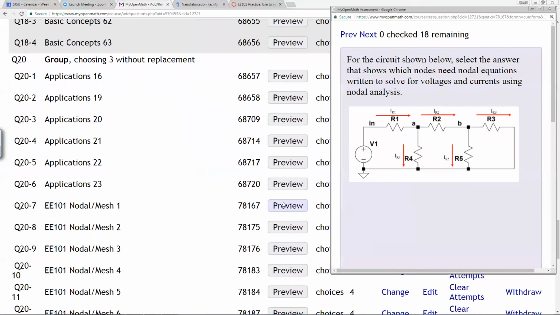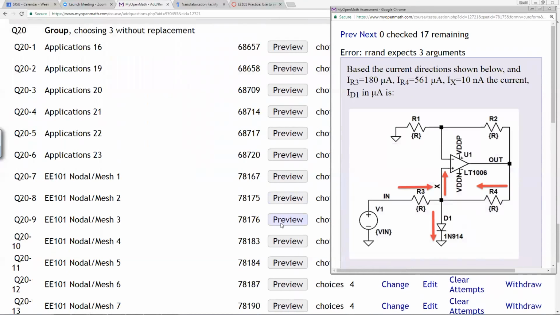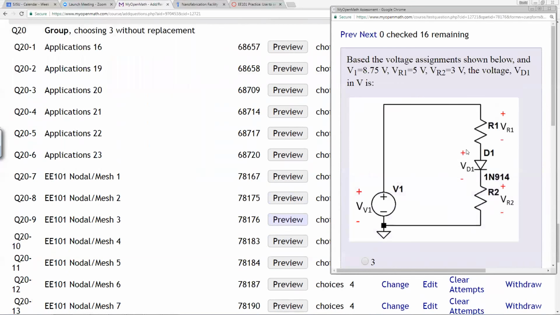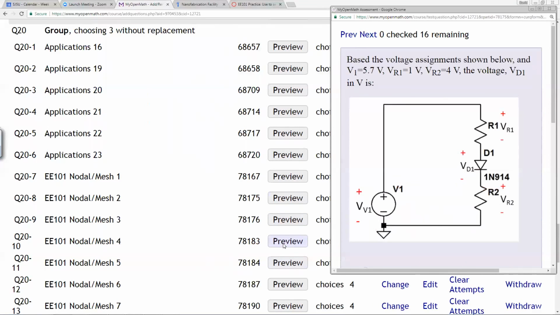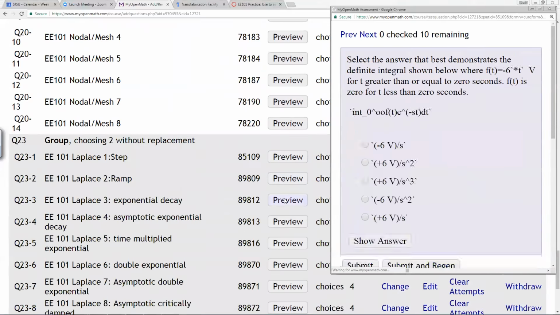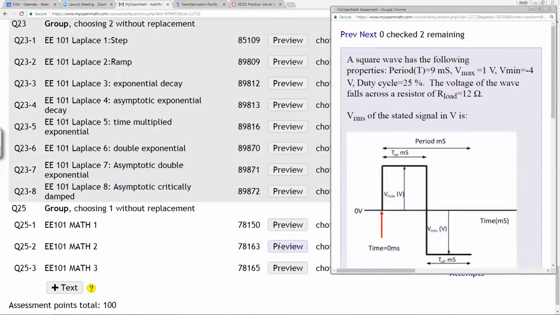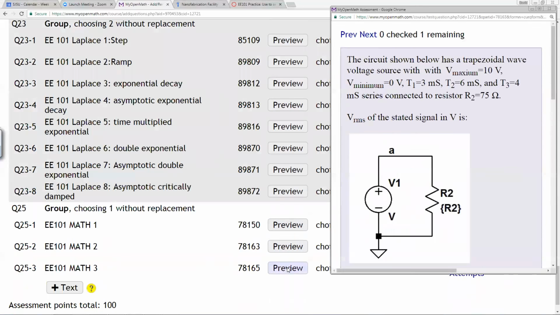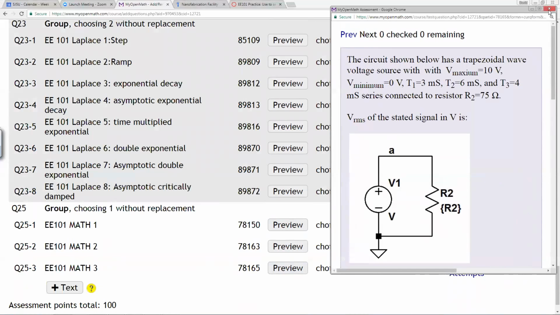So this one's very much nodal and mesh questions. Even though this particular one has an op amp, you're really just summing the node there. Right, then we have, that's a mesh. Then we have the various Laplace transforms, and then we have the various RMS things.